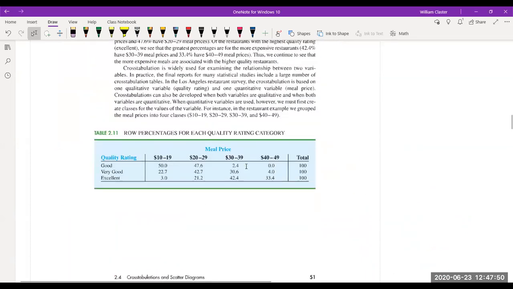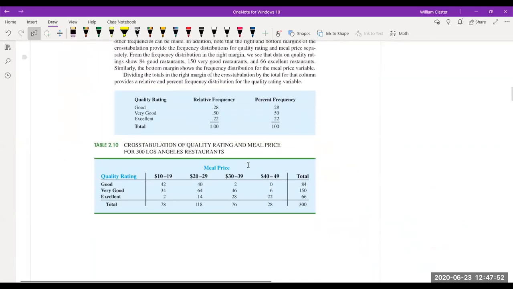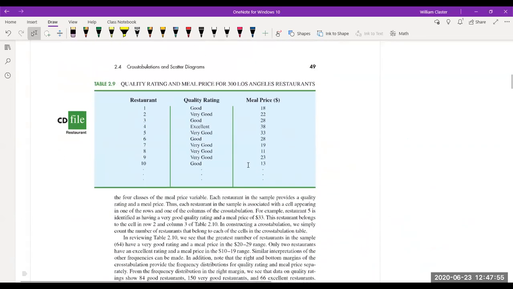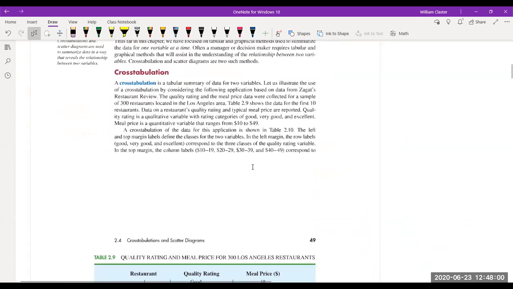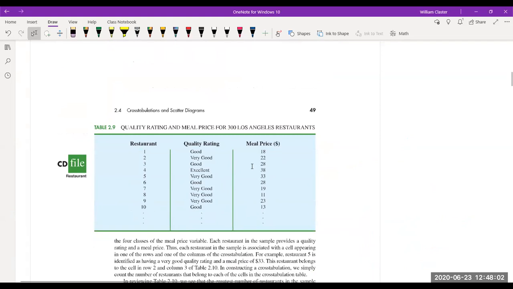Okay. Now, those were numeric variables, but we can also do something for non-numeric variables. So, for example, here we have a table, and it says quality rating and meal price for 300 Los Angeles restaurants. What are the two variables here?